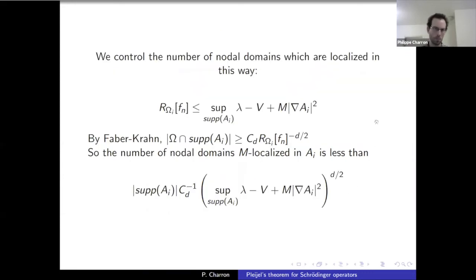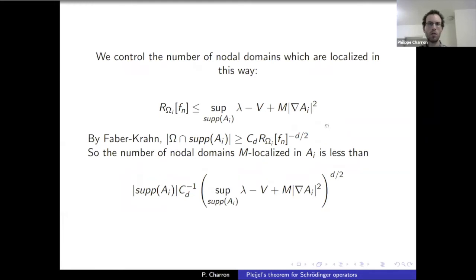All right. So I'm just going to go slowly on this one. So what do you have? You have the Rayleigh quotient: the integral of lambda minus v times fn AI divided by the integral of fn AI. So this part divides, and you're just left with the supremum of lambda minus v. Then you had m times the supremum of this guy, so I just put it all into one equation.